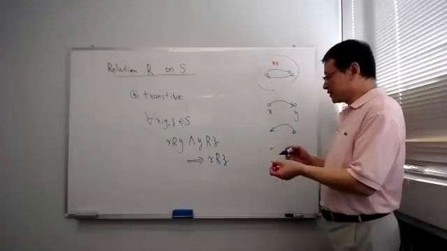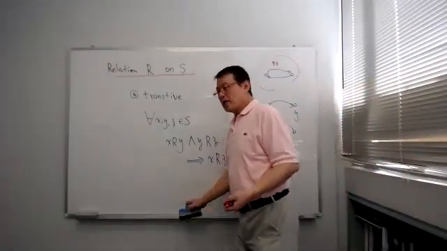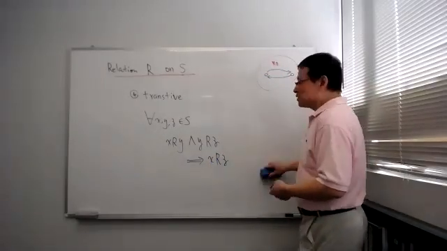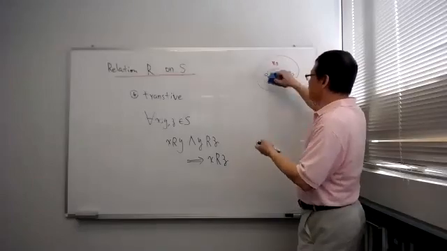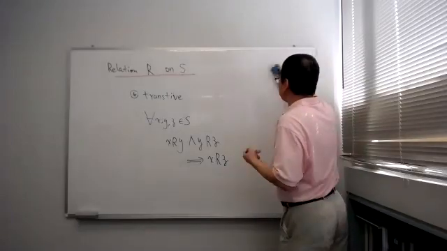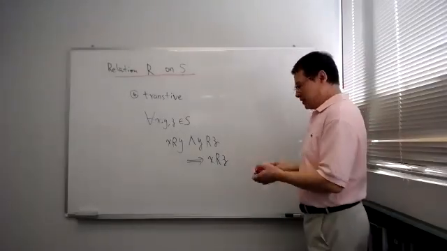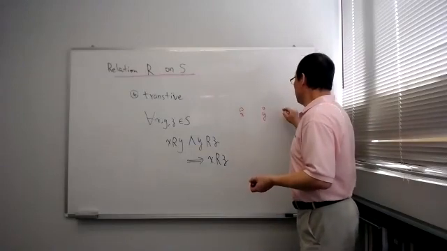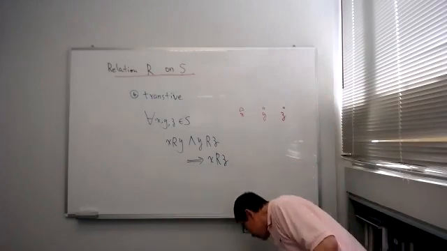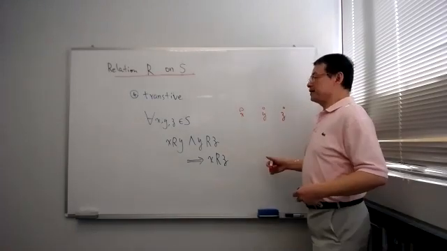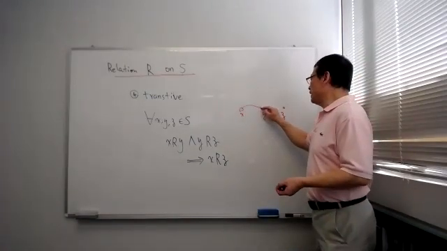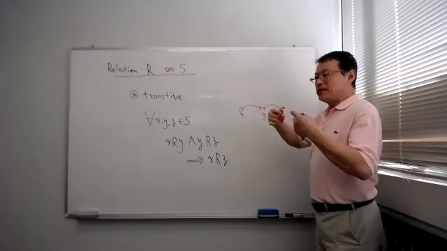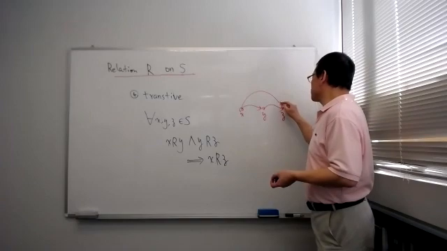Actually, that one is easy to explain, and many relations have this property. It's even easier than this one to explain. Transitivity means that if we have x here, y here, and z here, and I can get from x to y and from y to z, then I must be able to get from x to z.